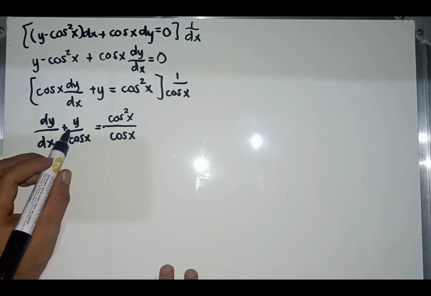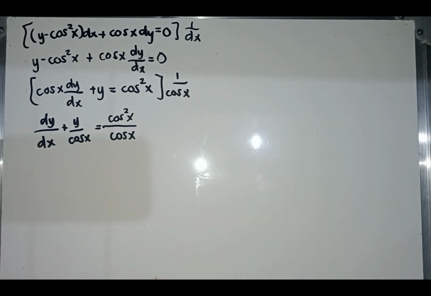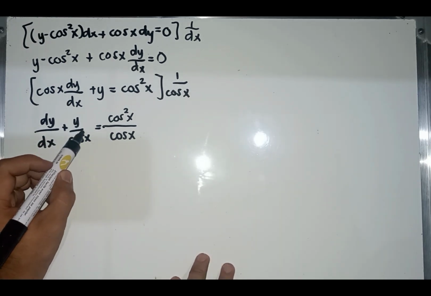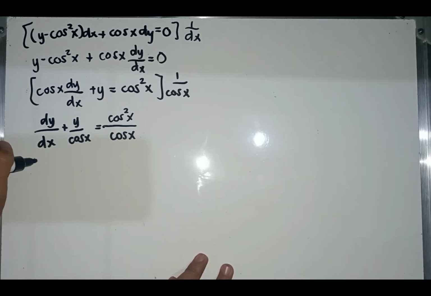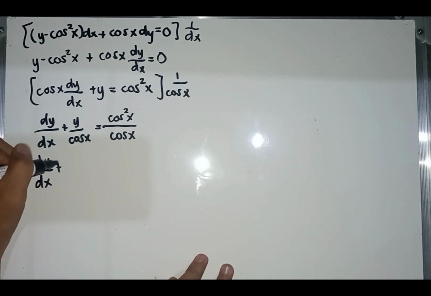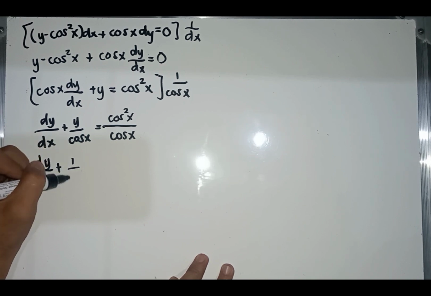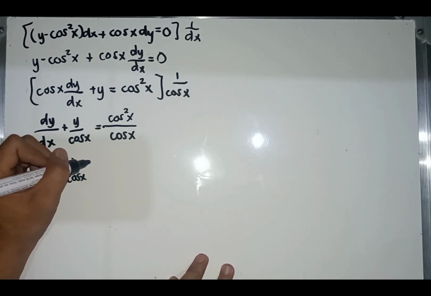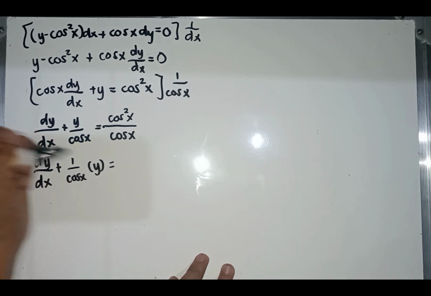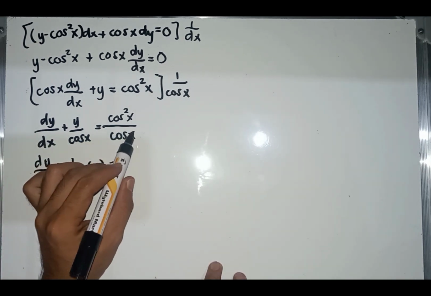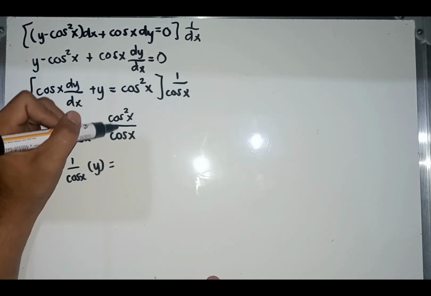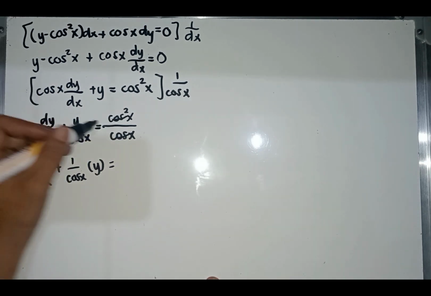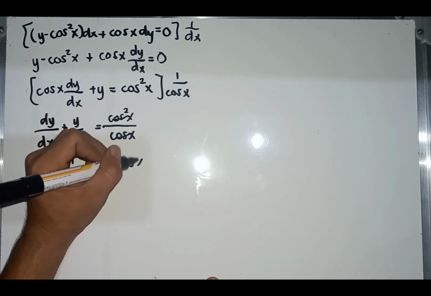So in linear form, dy over dx must be multiplied by the P of x. So we must make it dy over dx plus 1 over cosine of x multiplied by y is equal to, since they're the same term, we cancel that, so we're left with cosine of x.